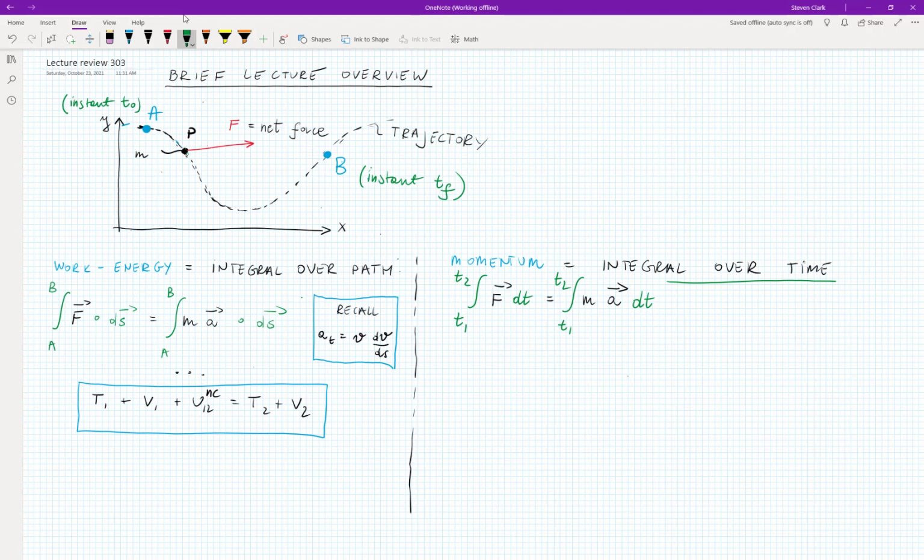Now I would like to go for the other definition of acceleration, because we also know that our acceleration, vector-wise, can be expressed in such form, dv vector over dt, and that means that our dv is equal to a dt. I will plug this in here, and you can see, hopefully, that this expression is dv.